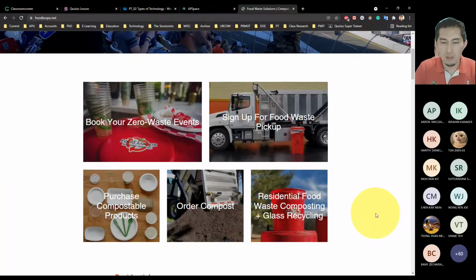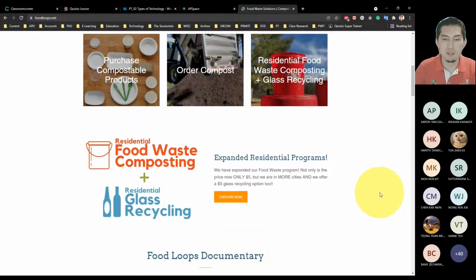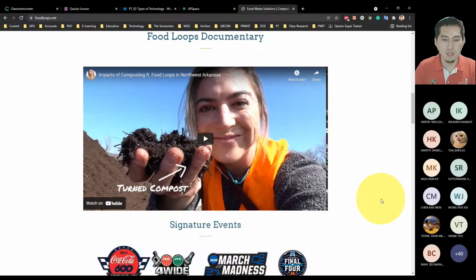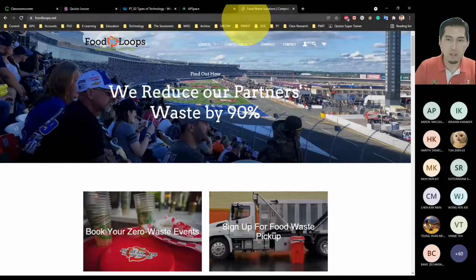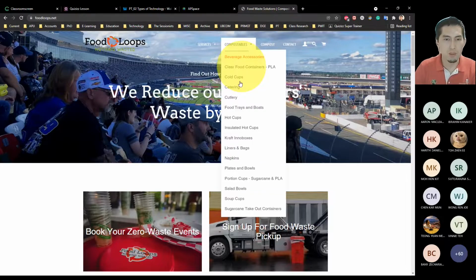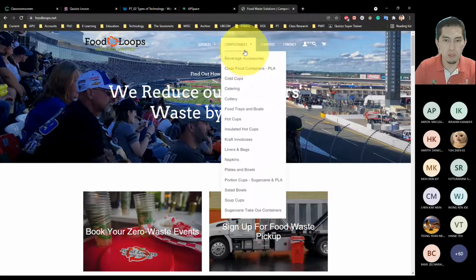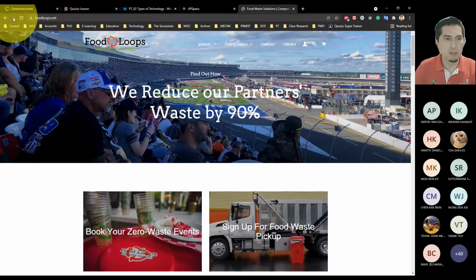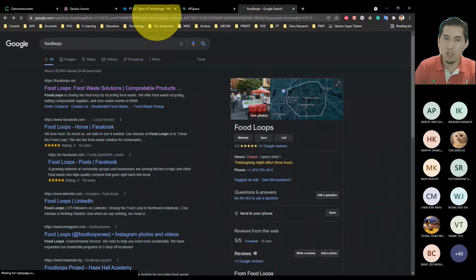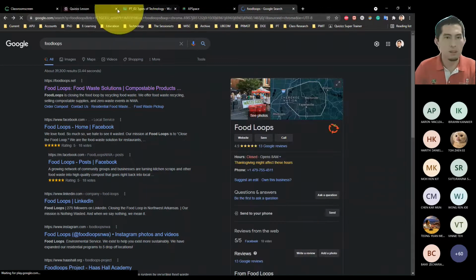So, interestingly, it looks like something that we do not have here. I see. But I think maybe Samuel is talking about something else, because this Food Loop doesn't seem to be a restaurant per se. Commercial pickup, zero waste event, yeah, I think it might be a different one. So Samuel, if you can share a link about what you're talking about, that'll be better.